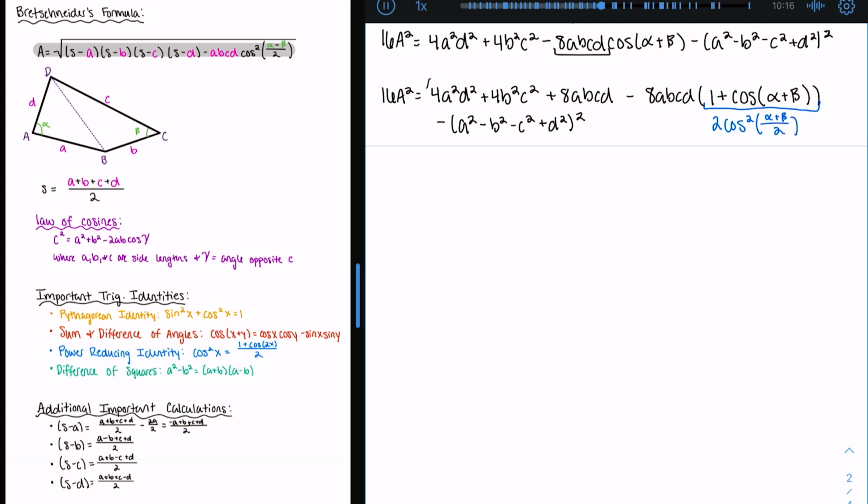I can now also factor this, and once I factor it, I will get 4 times the quantity AD plus BC squared. Now, if I rewrite everything again, I get 16a squared is equal to 4 times the quantity AD plus BC squared. Then I'm going to move this last part that we've been kind of neglecting up here.